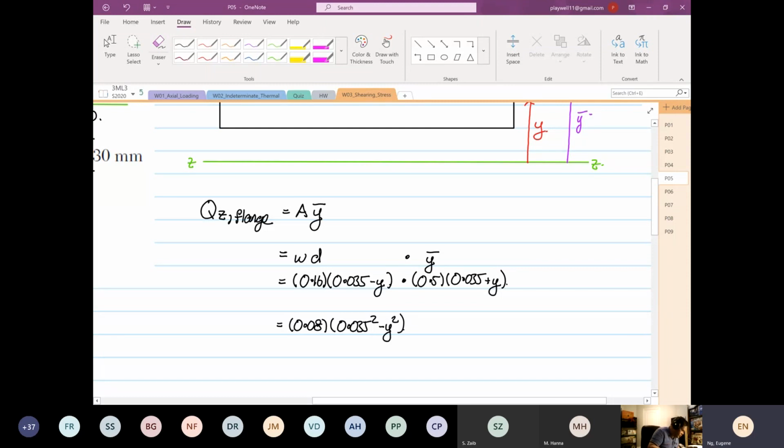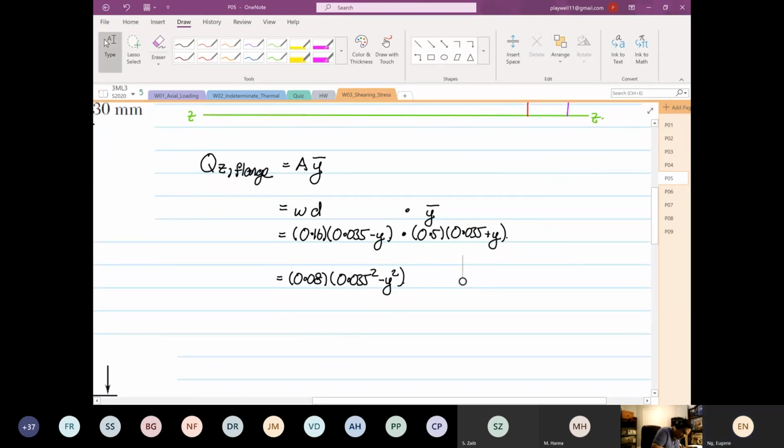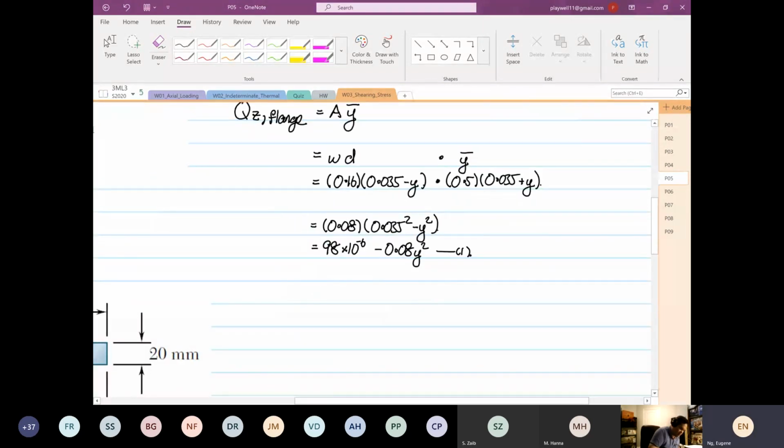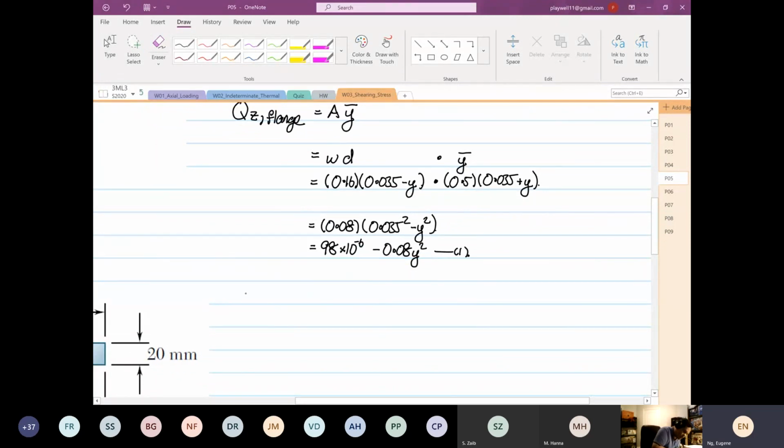This will be equal to 98 times 10 to the power minus 6, and then minus 0.08 y squared. So this is our equation number 1. We found equation number 1. From here, we can already calculate our shear stress. So the next thing we are going to do is calculate our shear stress.